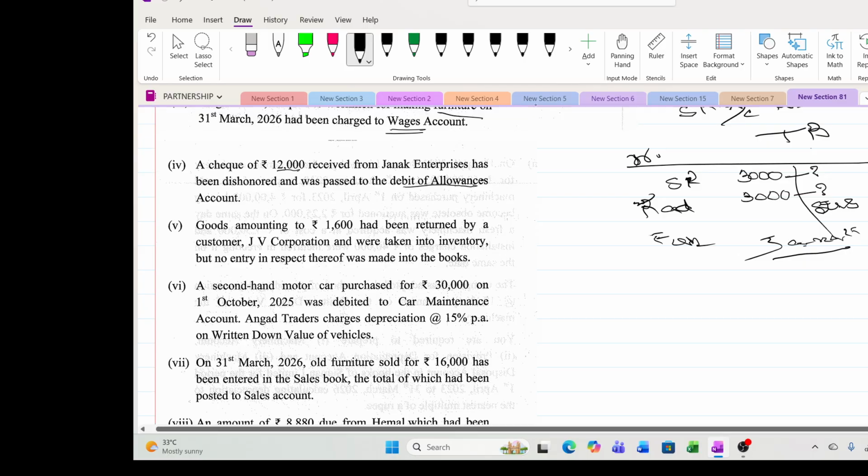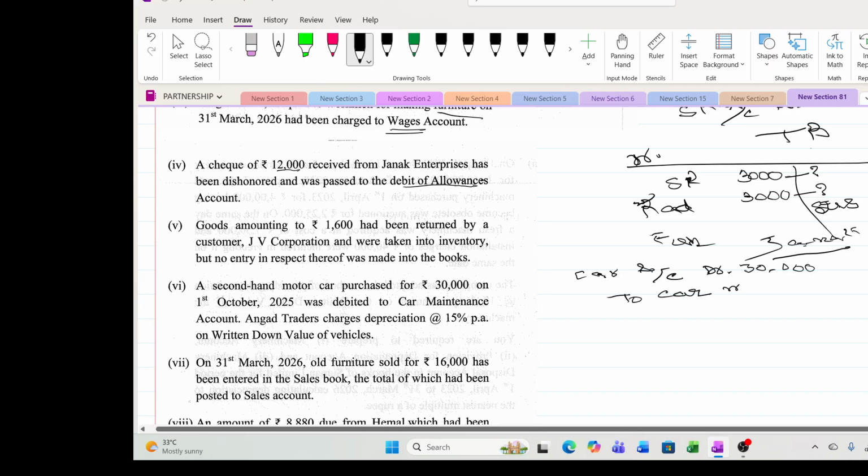They purchased a car. It should go to the car account. Instead of the car account, it has gone to the car maintenance account. The amount is 30,000. You can make separate entries or combined entries. Debit car account; the car maintenance was debited by mistake, so you can credit the car maintenance account.